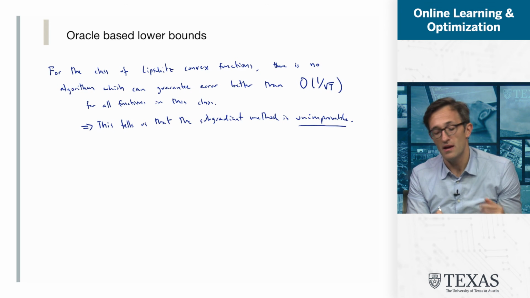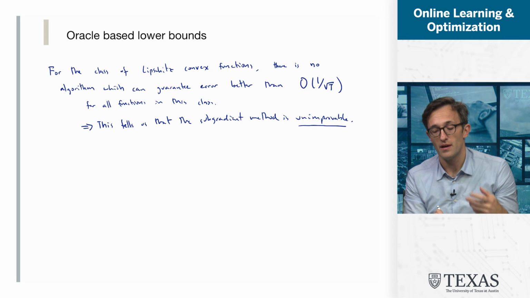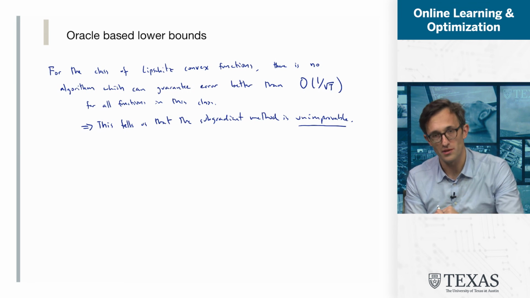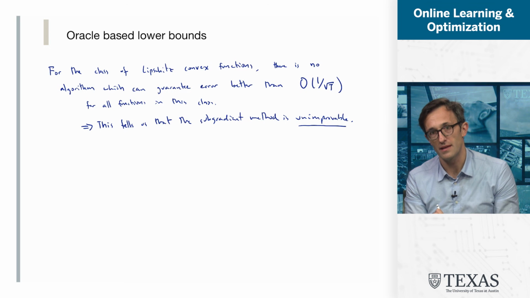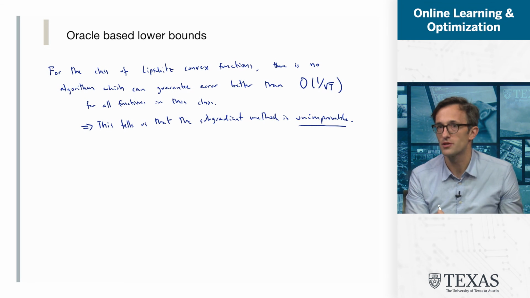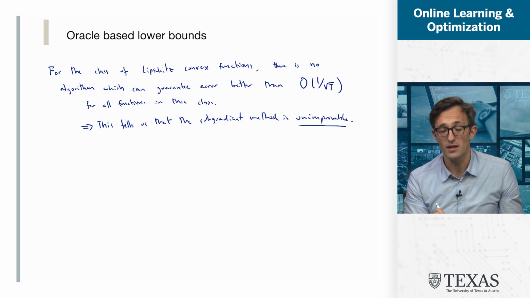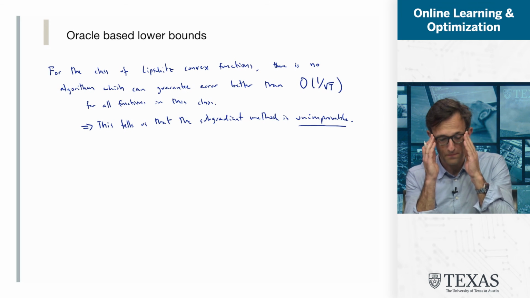It means that I can't find an algorithm that uses fewer than 1 over epsilon squared evaluations to get epsilon error, and is able to promise that for every single function in this class. So in other words, if you know something special about your function, if you know something else about its structure, and we're going to see that in other lectures, that if we know something more about our function, we can in fact do better.